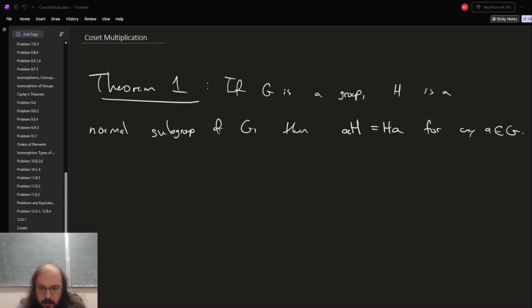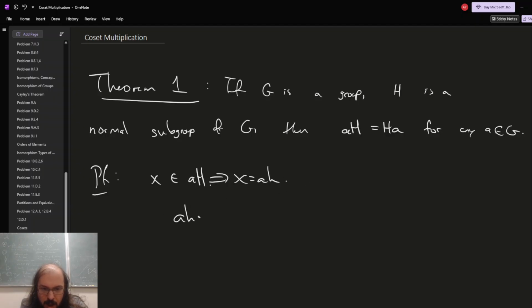So let's say that we have some, let's call it x in aH. Then in particular, this implies that x is equal to ah, little h, for some little h in big H. And because this big H is closed with respect to conjugation, we also know that aha⁻¹ belongs to the subgroup H. But now the magic is that x is equal to aha⁻¹a, which I will group up as (aha⁻¹) times a.